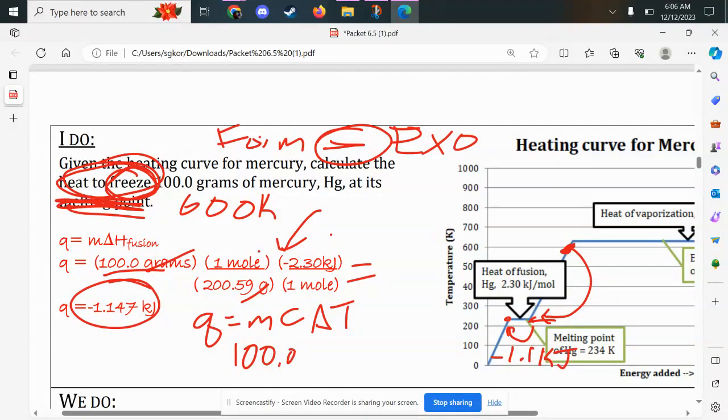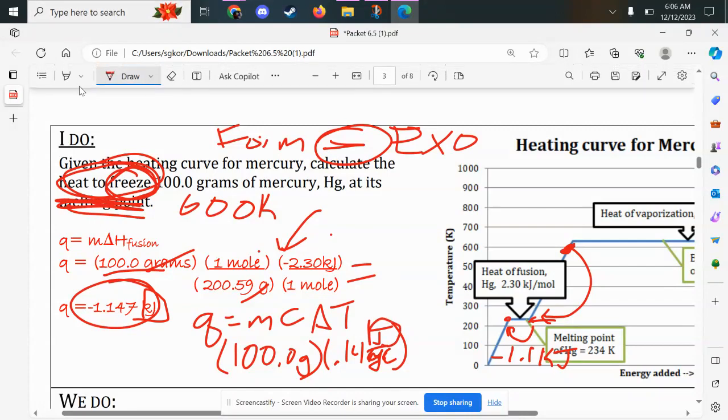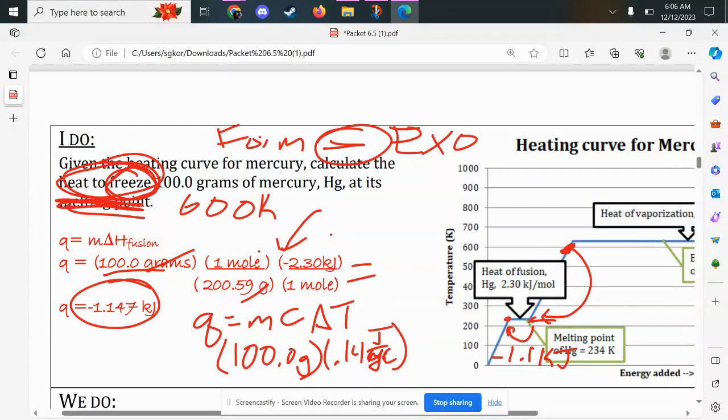That's still the same. My C value was 0.14 joules per gram C. Notice, really important in these problems, this one's in kilojoules. This one's in joules. They're not very nice to us. So that means we need to be careful when we go to add these two values together and make sure they're both actually in the same unit.